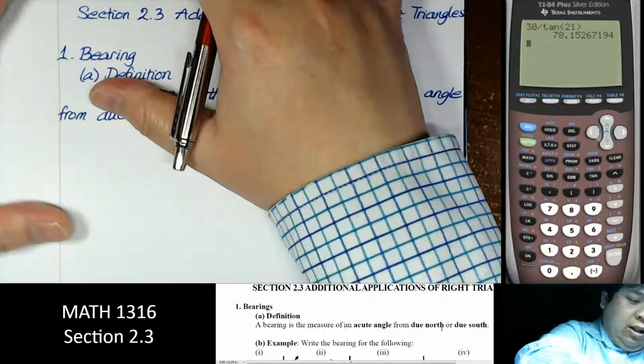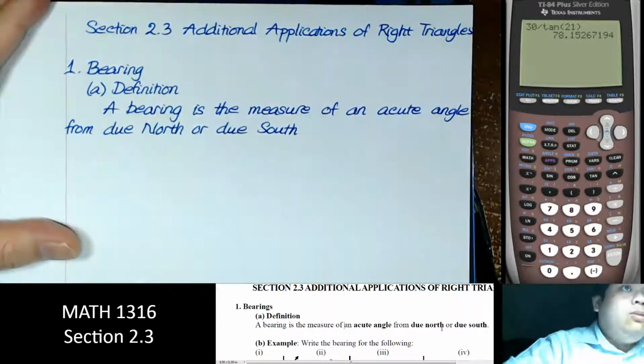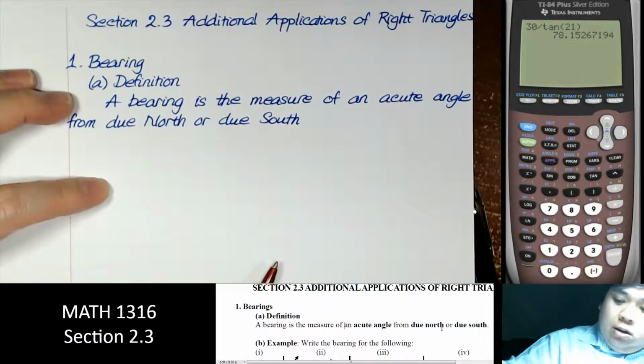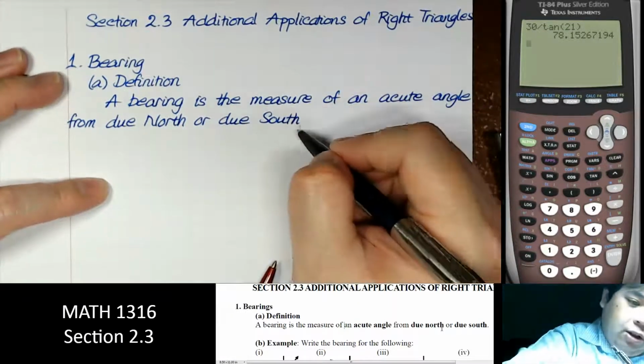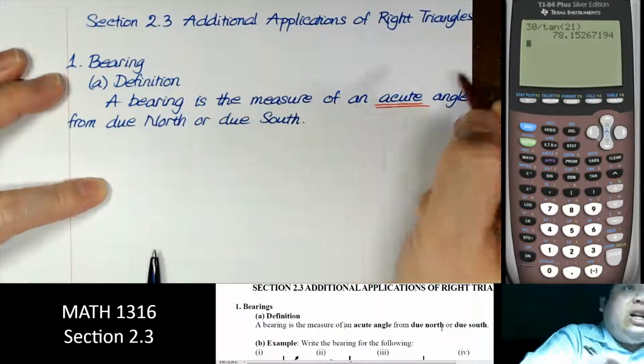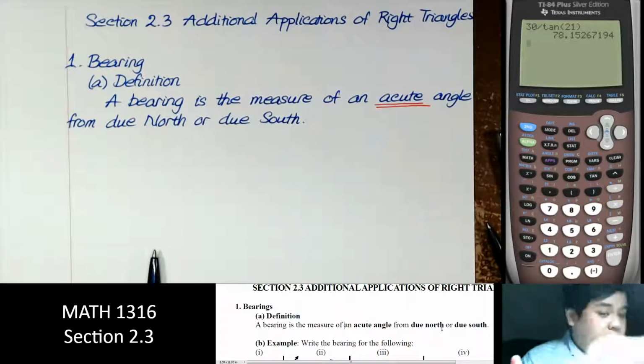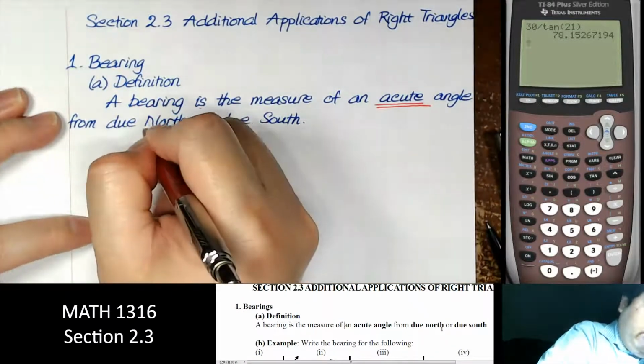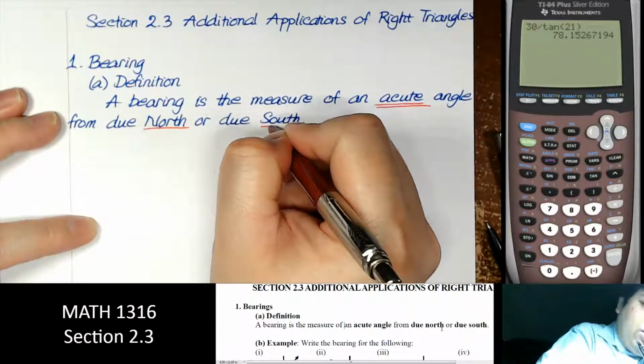First, it is an acute angle, meaning it is only from 0 to 90 degrees, and it is from the north or from the south.